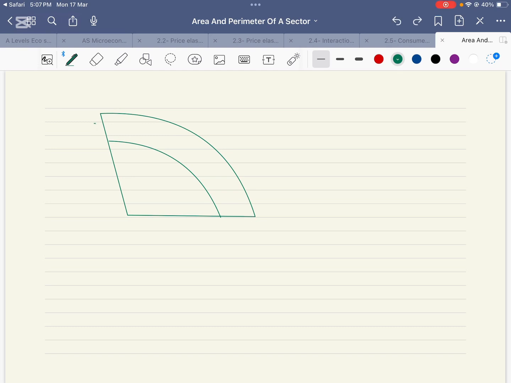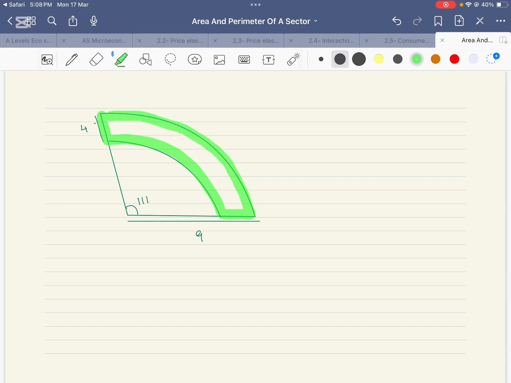So in this case we have angle 111, we have this length equal to 9 centimeter, we have this length equal to 4 centimeter. Now this is a little bit tricky, and the area inside is the shaded region. So I want you to calculate area and perimeter of the shaded region.